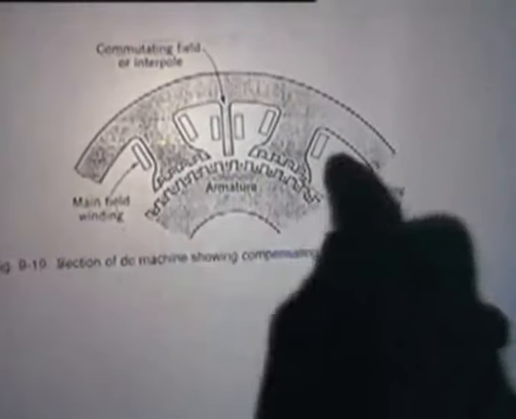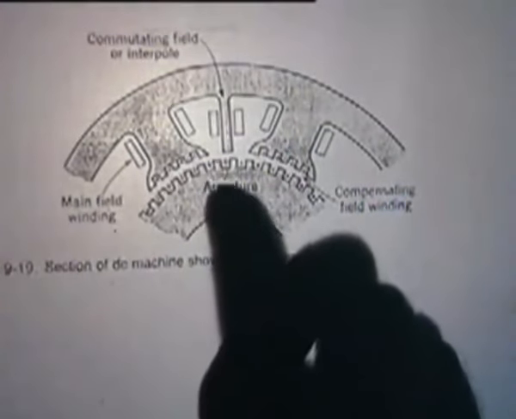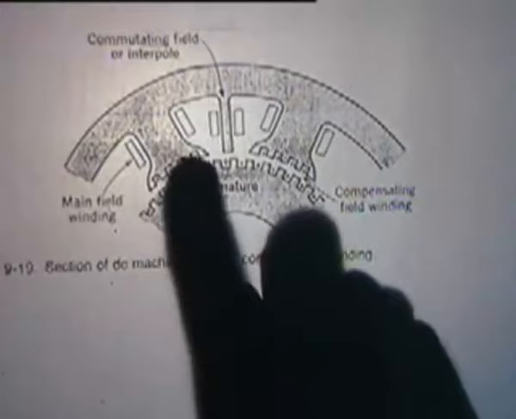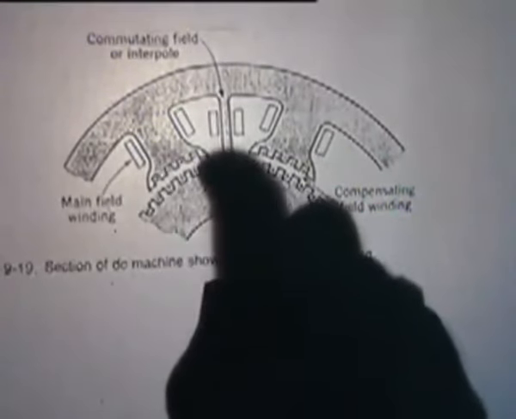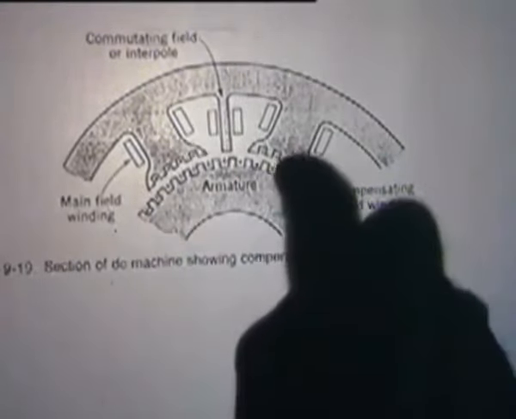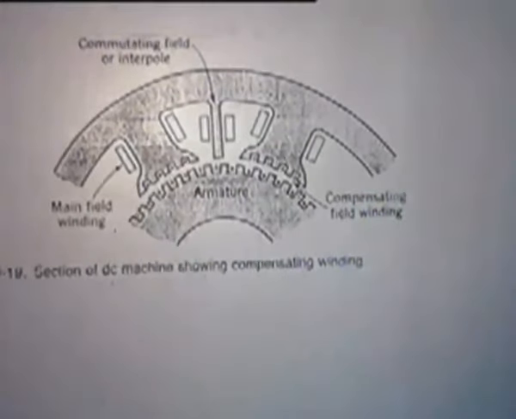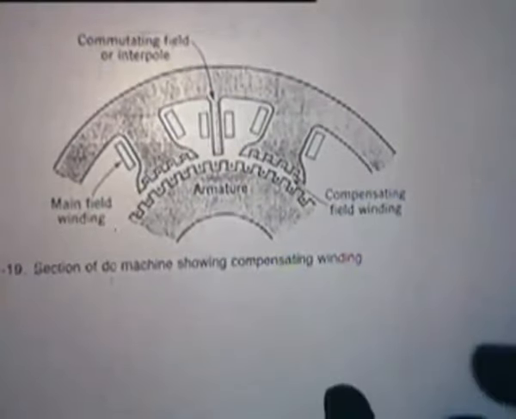These are the compensating windings which are placed under the poles, and they carry the same current as the armature, but in the opposite direction. They are just in slots under the poles, and here we have both the commutating or interpole windings and the compensating windings.